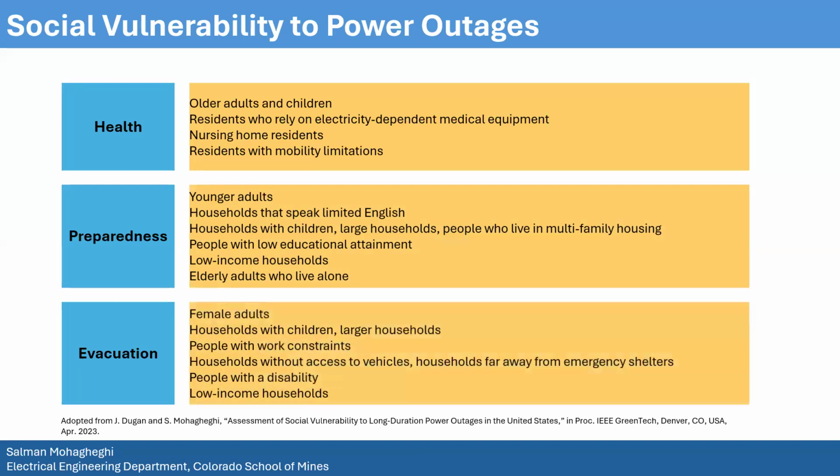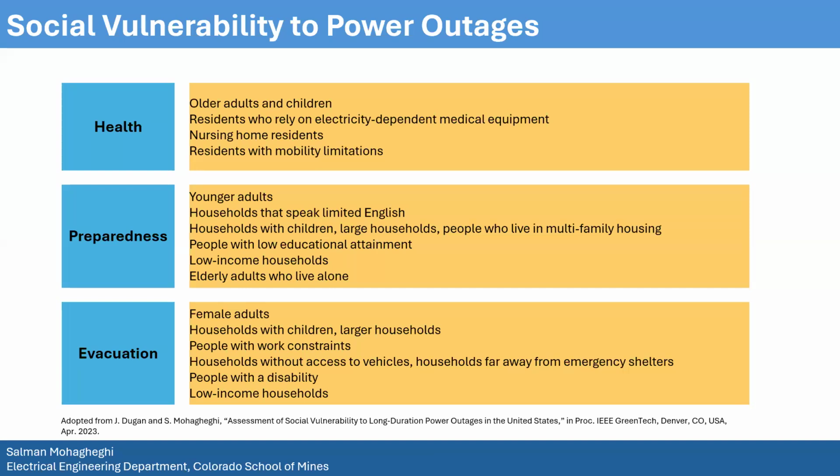And again, the review of the literature indicates various factors such as the size of the household, households with children, people who have work constraints, the income level of the household, and a lot of other factors to have an impact on how vulnerable an individual or a household would be in this particular dimension.